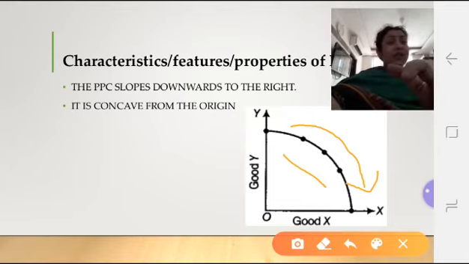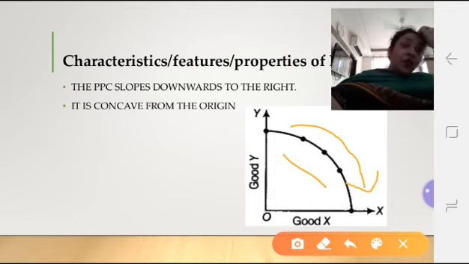Now, you must be wondering why increasing MOC. I have discussed it in the class, why we have increasing MOC, right? So because of increasing MOC, the PPC curve slopes downwards and it has a concave shape from the origin.